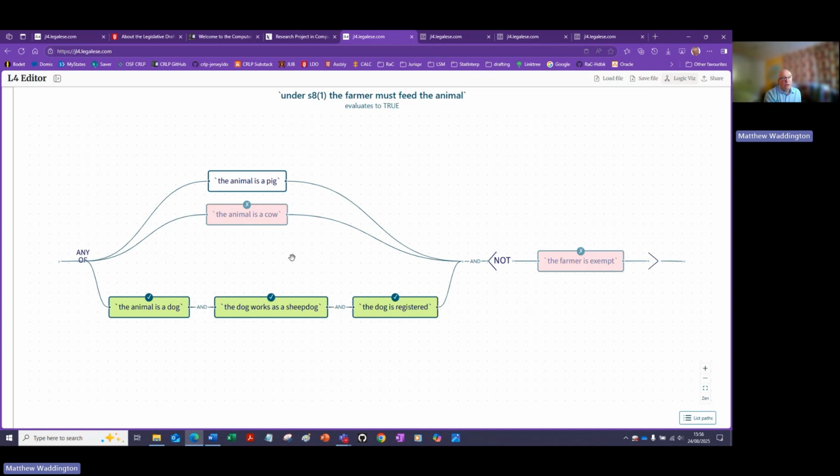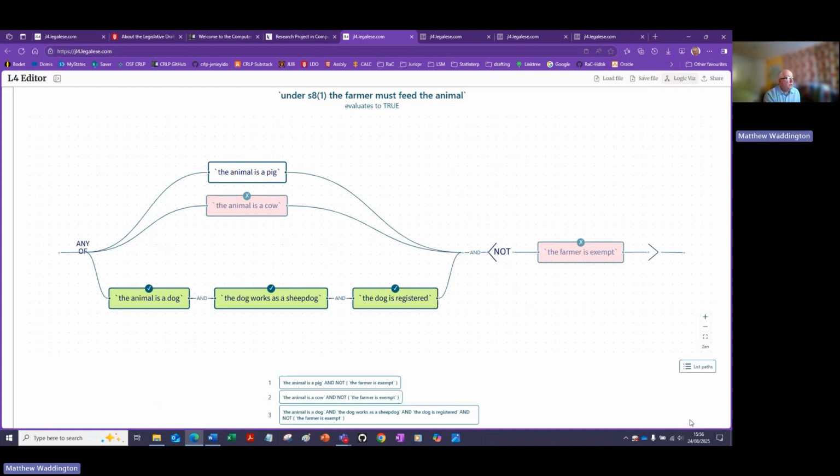So that shows you how you can get provisions that feed into each other represented in a user-friendly visual way, to be able to illustrate the logic and to be able to check the logic.